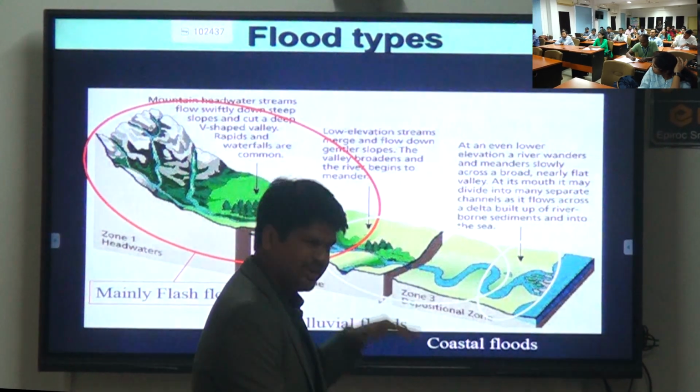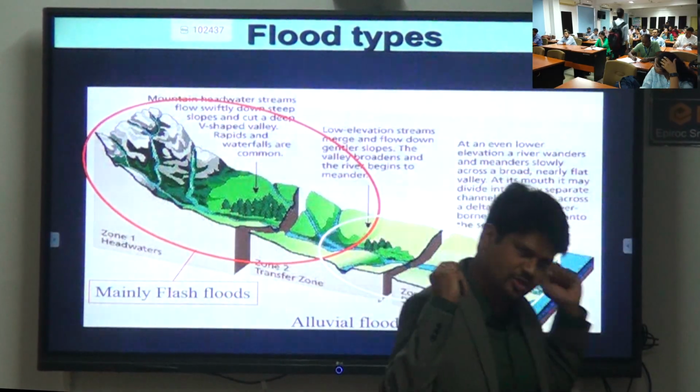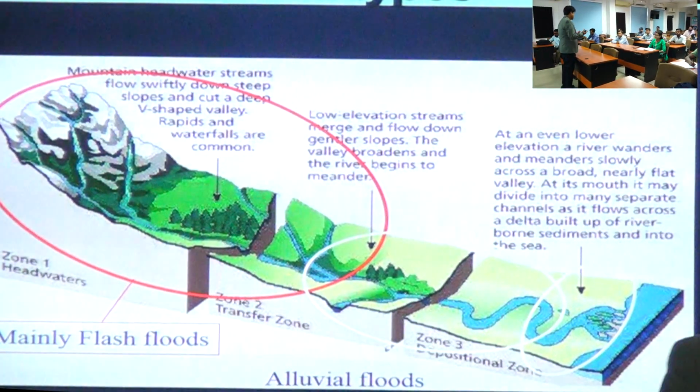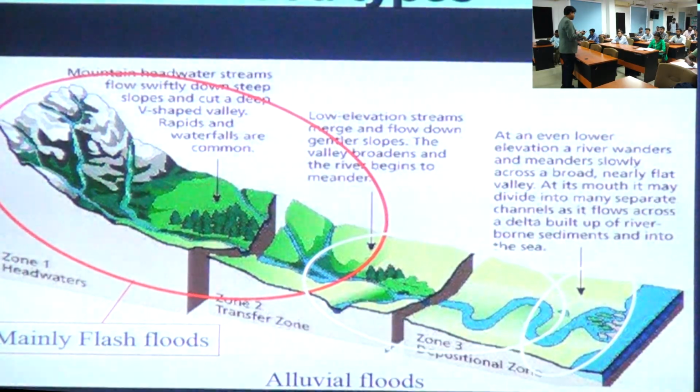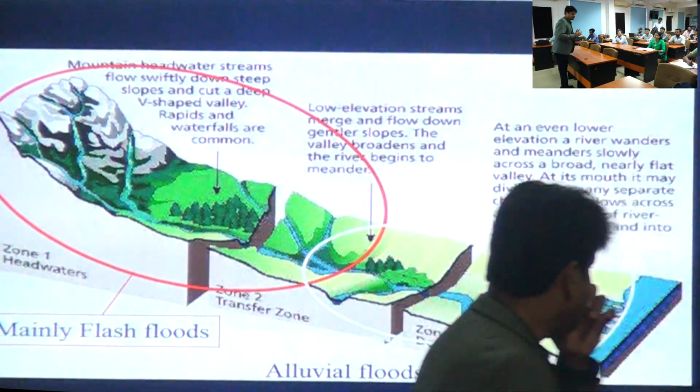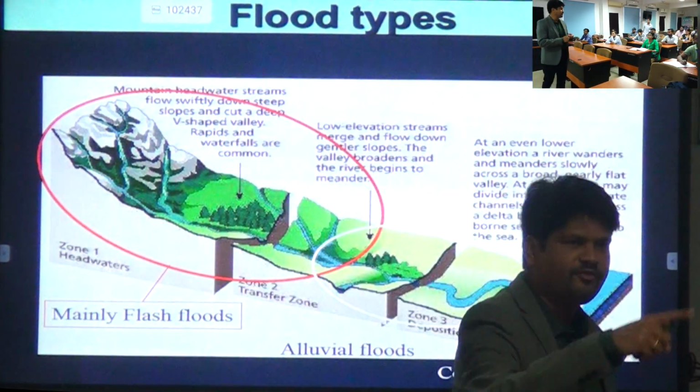What happens here? Very steep slope, so the water crosses through very quickly. That means the surface runoff is very high and the infiltration is low, with not much time to infiltrate through the soil. Mostly you have V-shaped valleys.